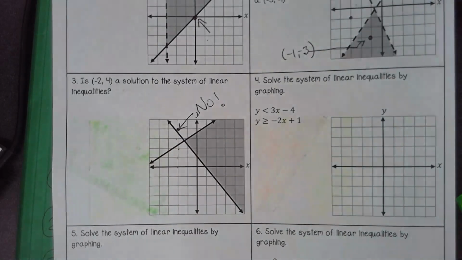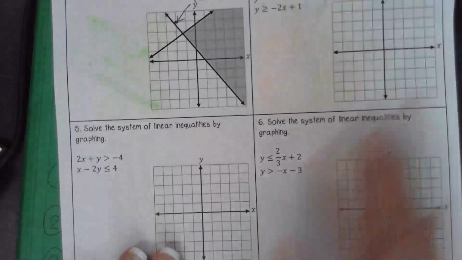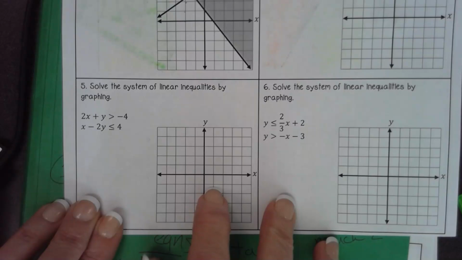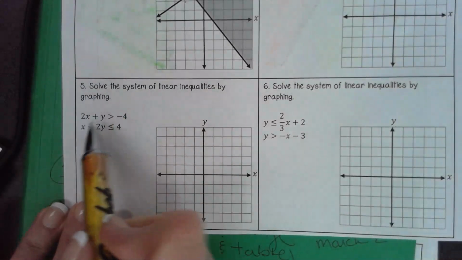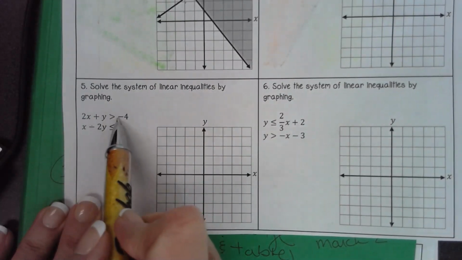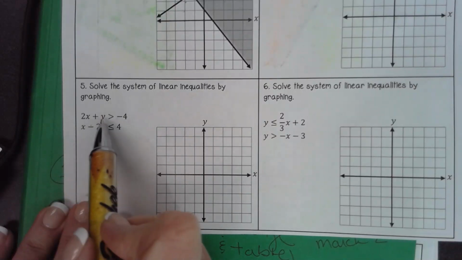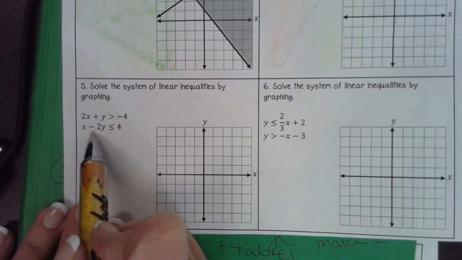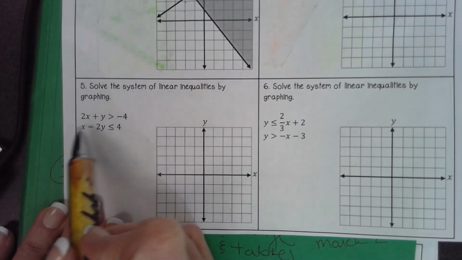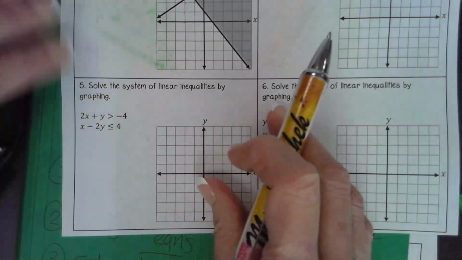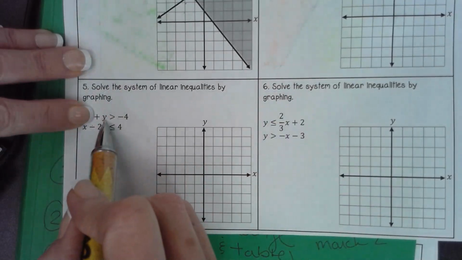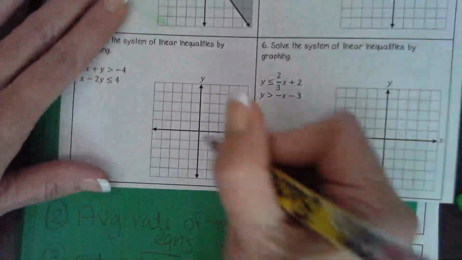Okay, I want to graph one more because I want to bring up the golden rule for inequality. When we are in standard form with inequalities, we can still do x and y intercepts, but we have to be very careful. If I cover up my x, my y-intercept is -4.